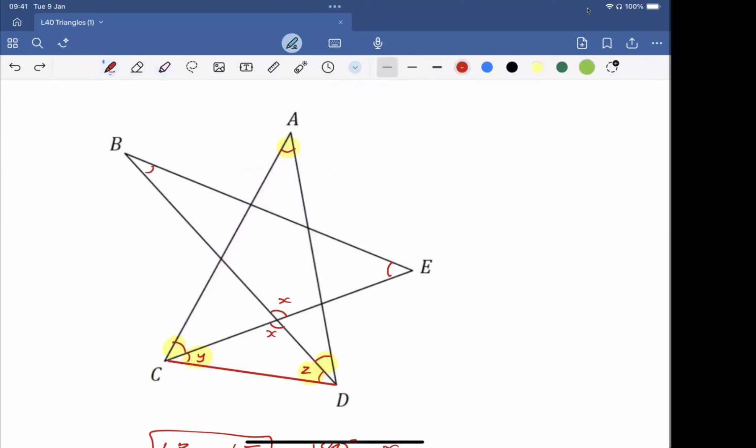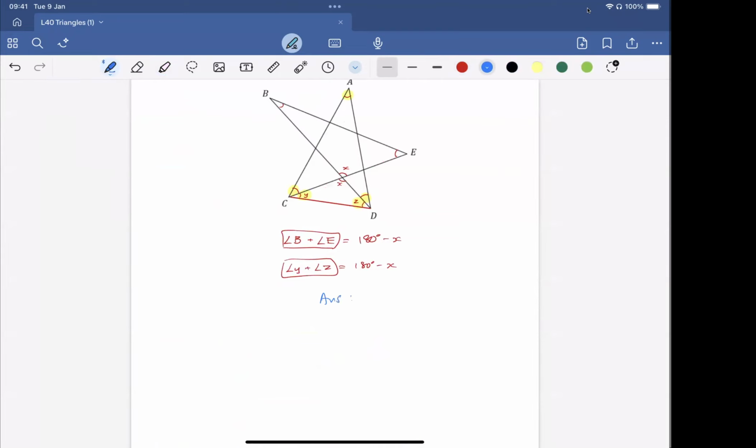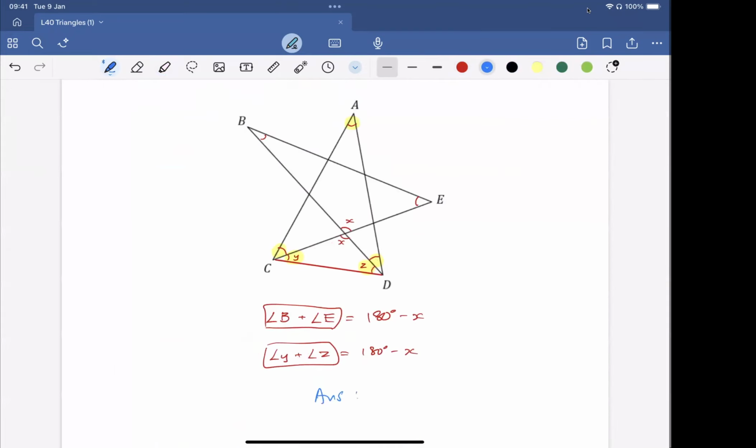What is the answer? 360. Oh, total angles in a triangle is 360? What is it? I don't know. You don't know? Didn't I teach you at the start of this lesson?